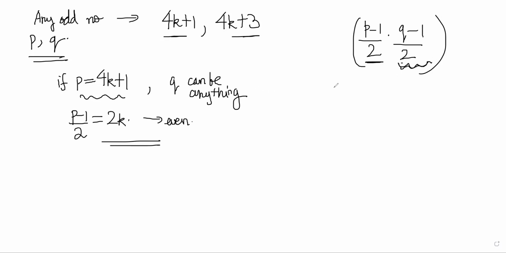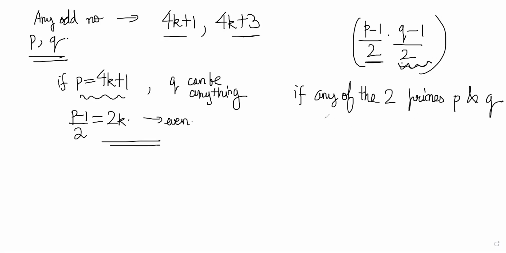So what we are saying is that if any of the two primes, P and Q, is of the form 4k plus 1, then either P could be of the form 4k plus 1 or Q could be of the form 4k plus 1.